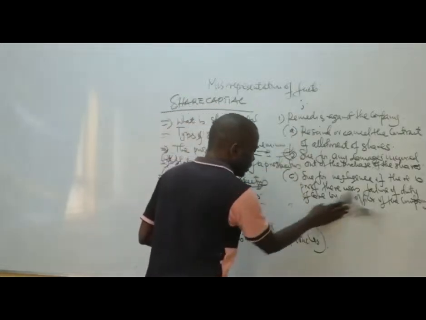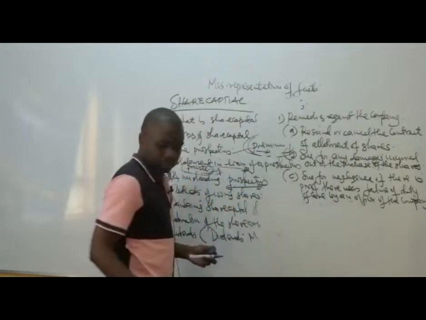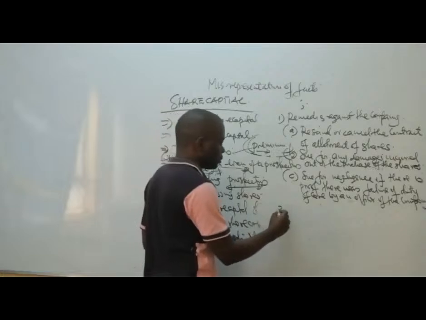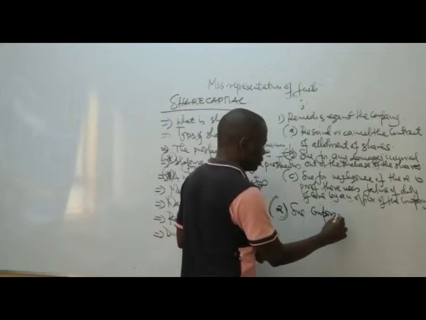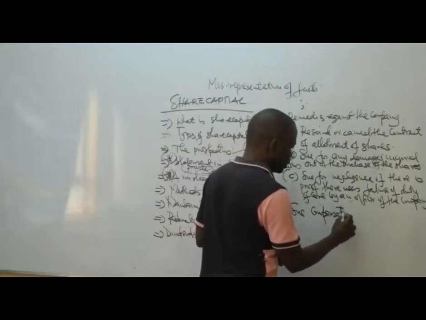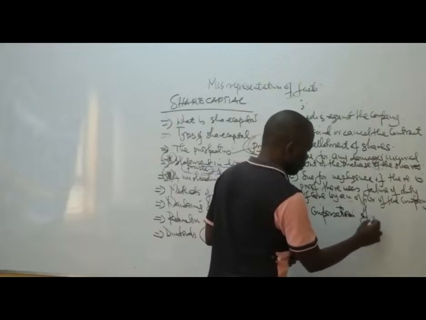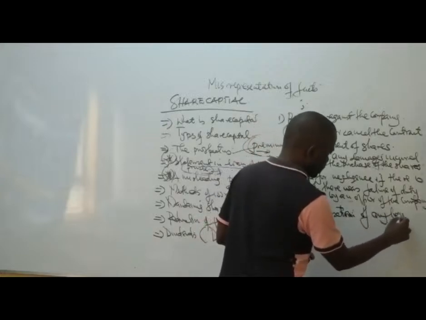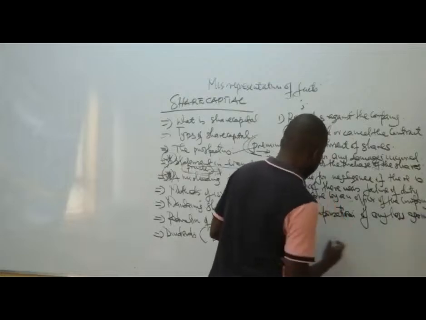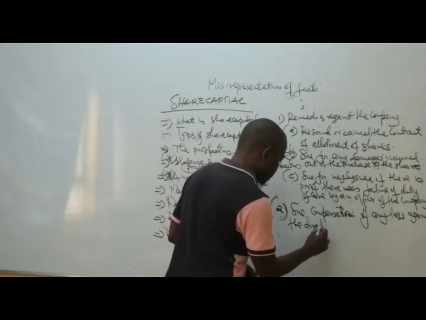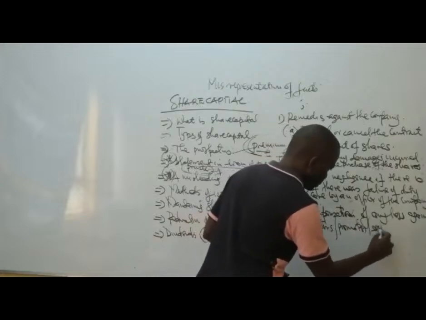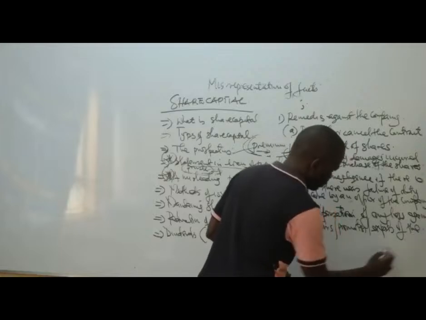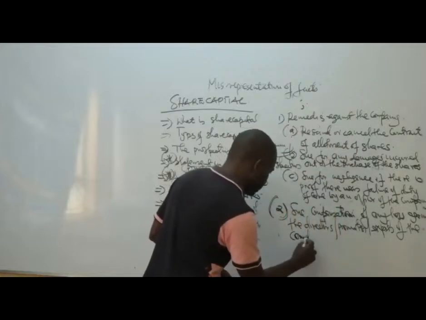So part number 2, what you can do: sue for compensation of any loss against the directors, stroke promoters, stroke experts of the company.